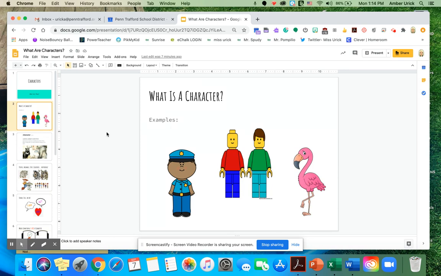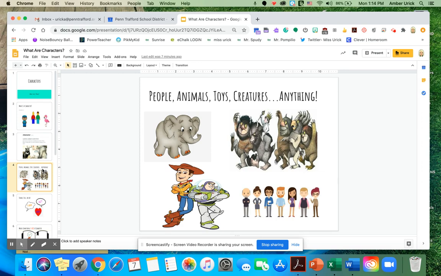Now I'm going to come back over here and show you these. So people, animals, toys, creatures, and almost anything can become characters. So I have an elephant here, good old Woody and Buzz, any type of person or human.